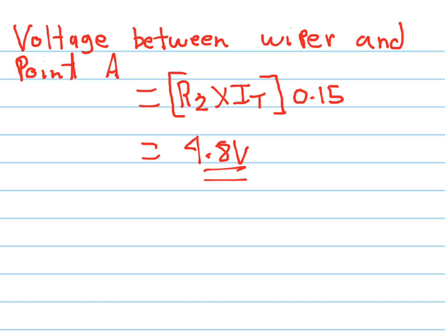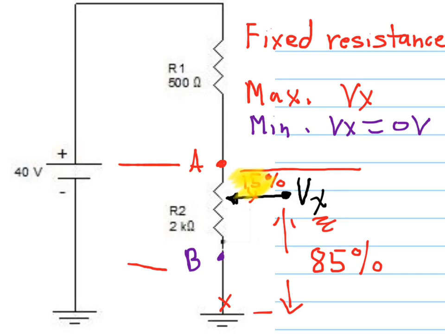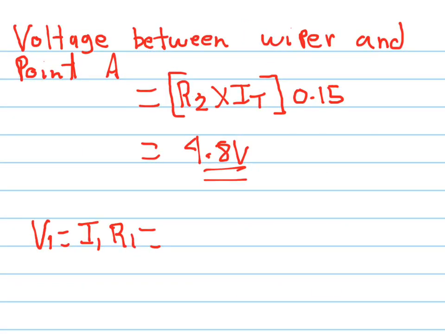Okay, and then finally V1 will be I1 times R1. So that will be the 16 milliamps times the 500 ohms equals 8 volts.